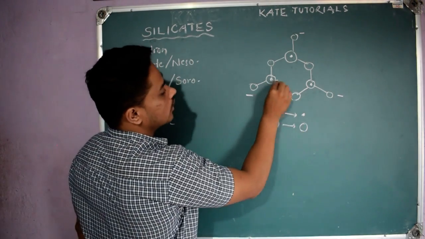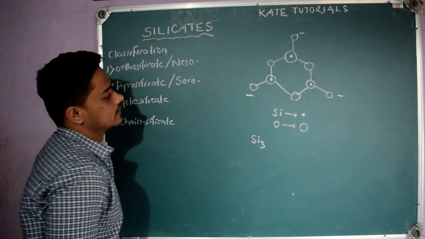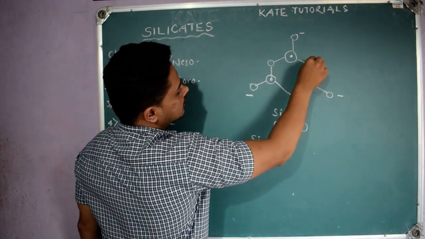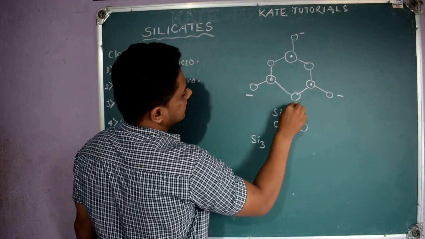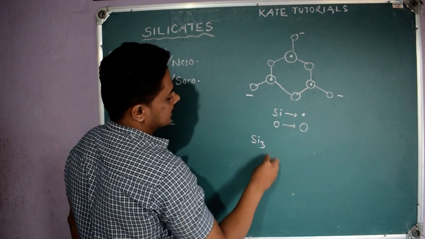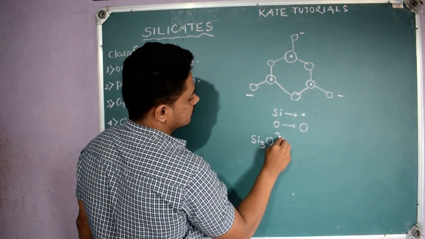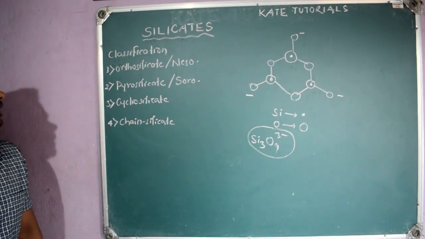So how many silicons? 1, 2, 3. The formula is Si3, oxygen you count 1, 2, 3, 4, 5, 6, 7, 8, 9. Si3O9, 3 minus.